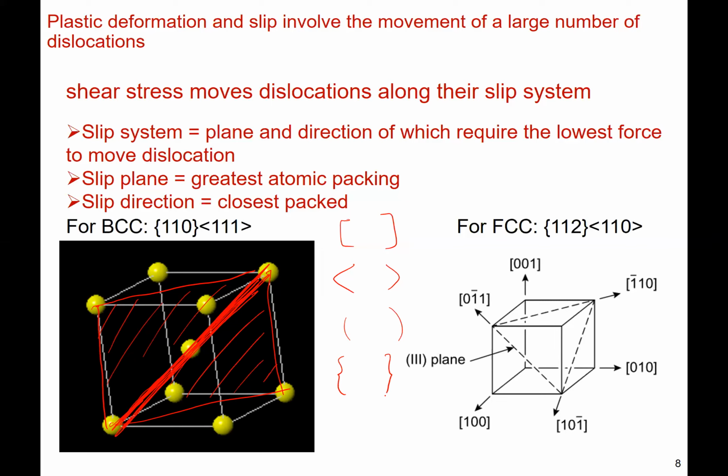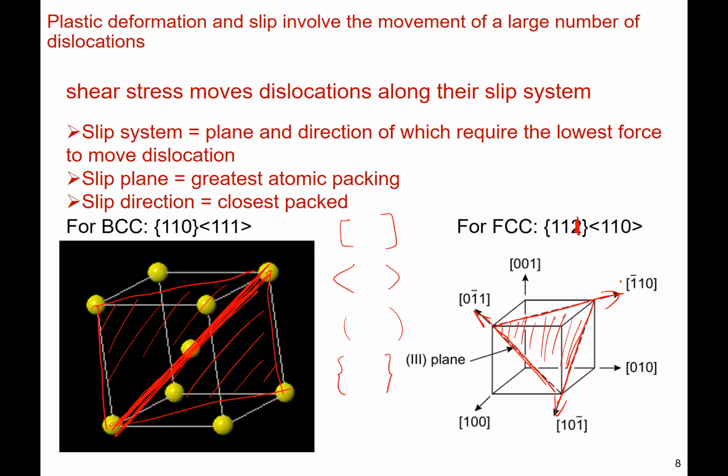And the equivalent planes and directions will be the slip system. So you can work it out where you can have the 111 plane. So actually the notation should be curly bracket 111 for this particular plane, as you worked out in the chapter 3 module. And the direction is along here, here, and here.